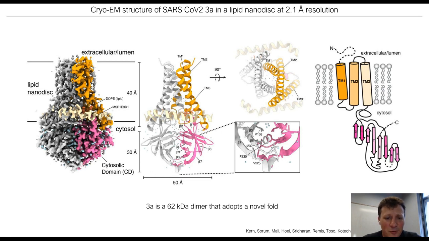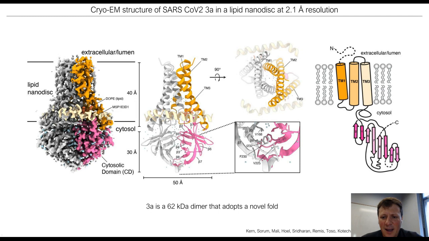Second, we were able to correctly model a large number of side chain rotameric positions that were ambiguous in the 2.9 angstrom map, but clearly defined in the higher resolution reconstruction. Third, we were able to model approximately 120 ordered water molecules, which are shown in blue in the map and the model here. And fourth, we were able to model 2 specifically bound lipid molecules inside the 3A central cavity.